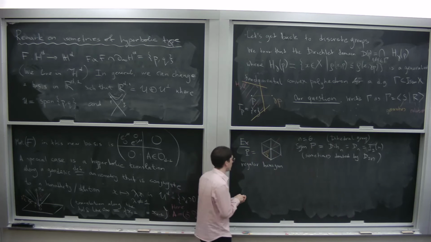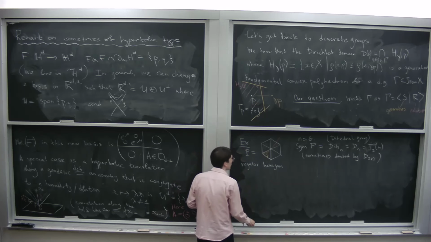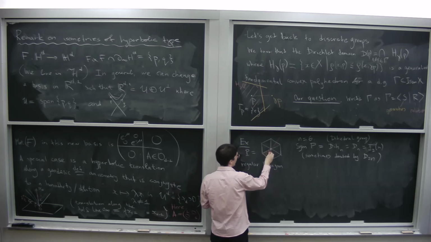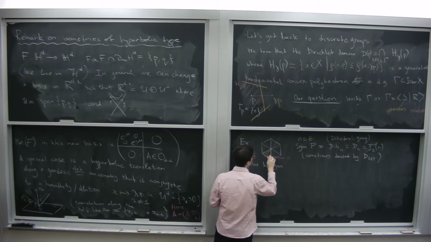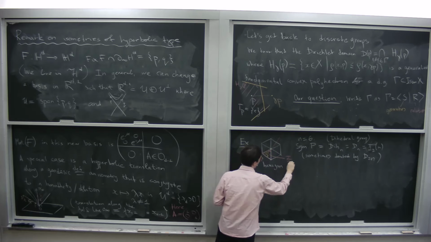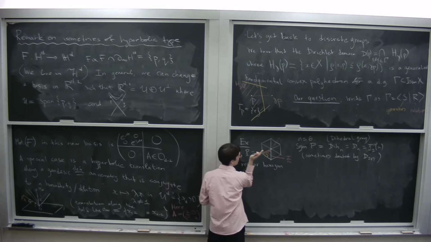So this angle here is equal to this angle here, and this is pi over n. And in fact, we have 2 reflections.